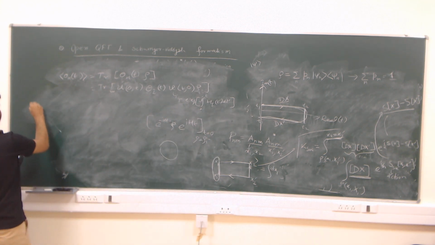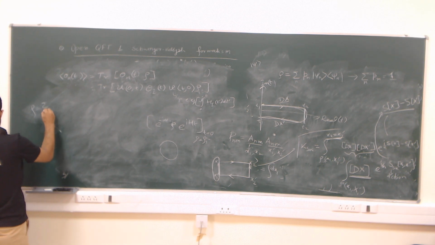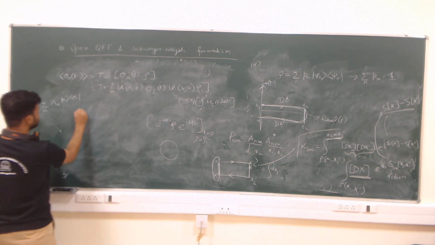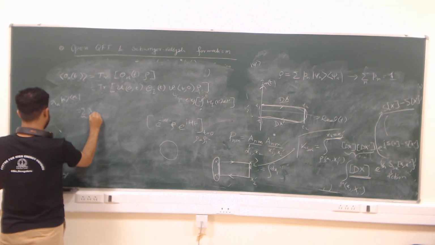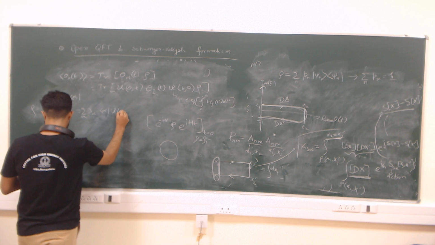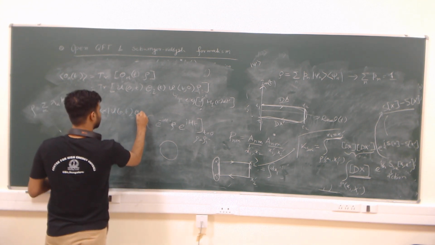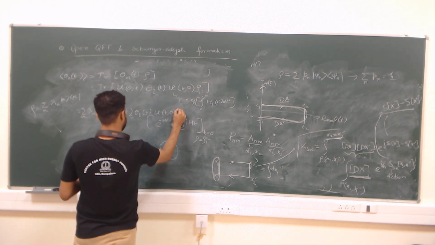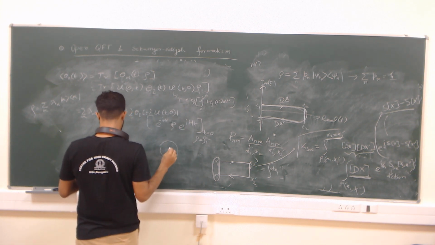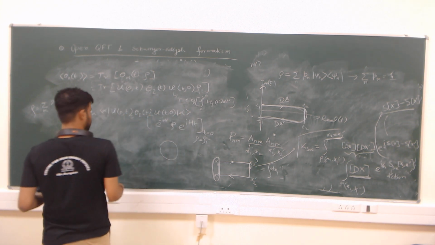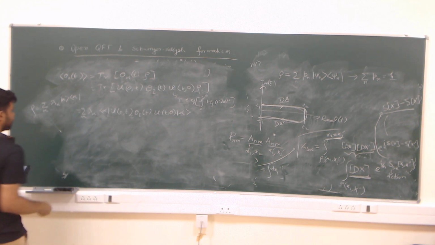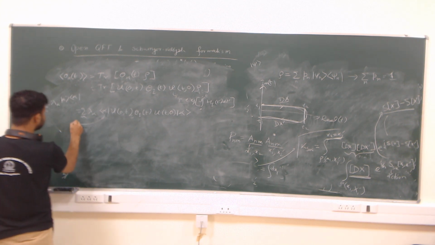Now if I write this rho as this sum, and T as the sum in the identity basis, then this will turn out to be the following.